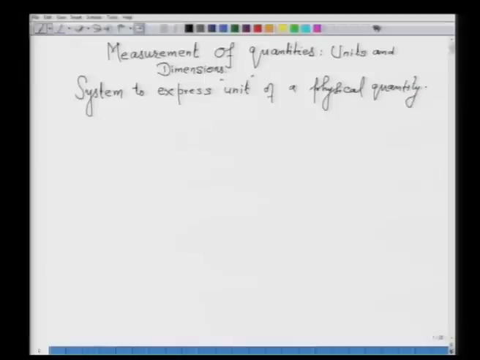We have systems like one is FPS, which all of you know, that is feet, pound and second. Another is CGS, centimeter, gram and second. Still another is the MKS system, that is meter, kilogram and second, and last is the SI unit. So, these are the 4 different ways or systems that have been evolved in order to express the magnitude of the quantity.